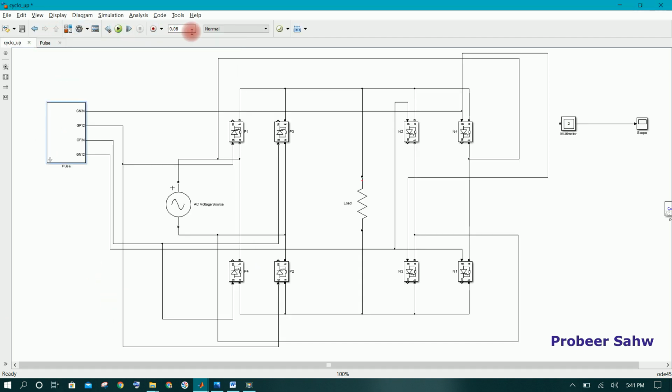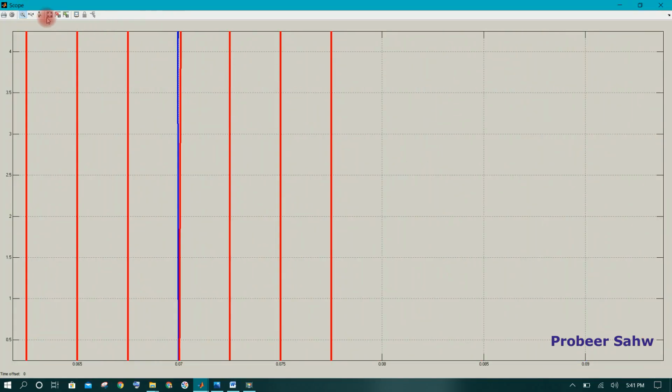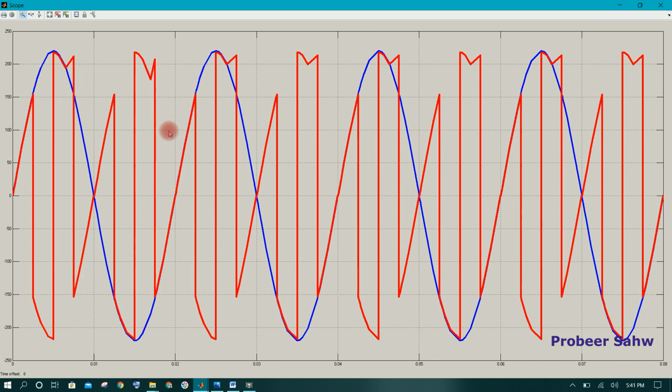Now let us try to run this simulation. Simulation is completed. Let us check the output. Now our output is somewhat okay. So we can see the output is 4 times the supply frequency.